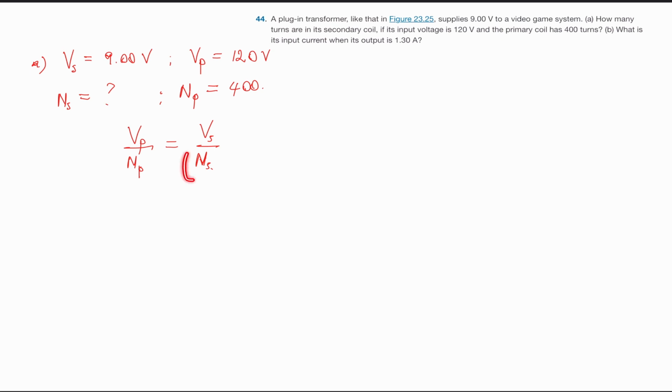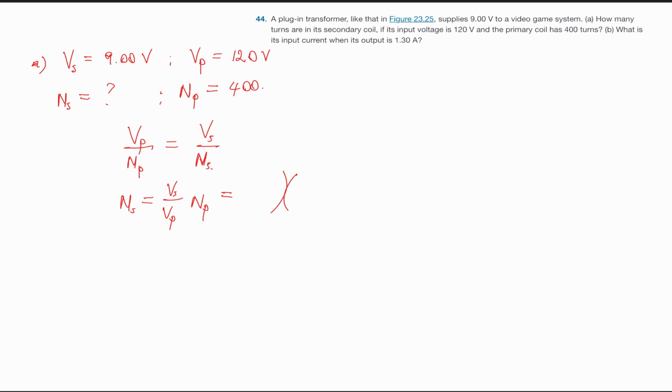What we're interested in is this N sub S, so we shuffle our equation around and we determine that the number of turns on the secondary side is related to the number of turns on the primary via this ratio. I'm mixing up my values here.